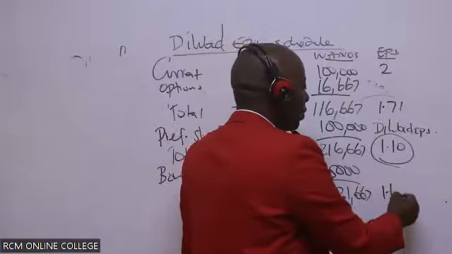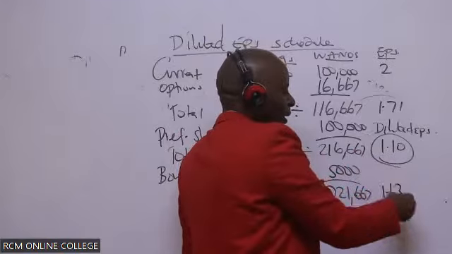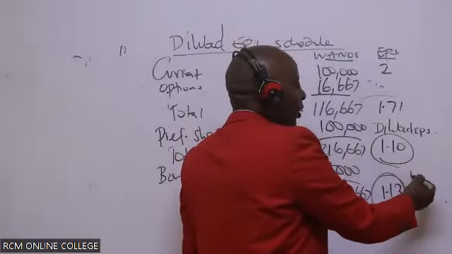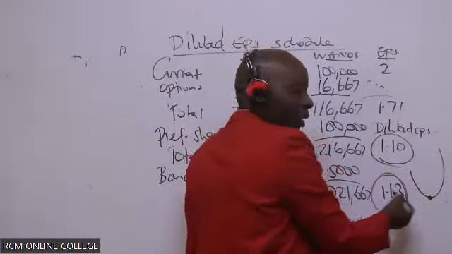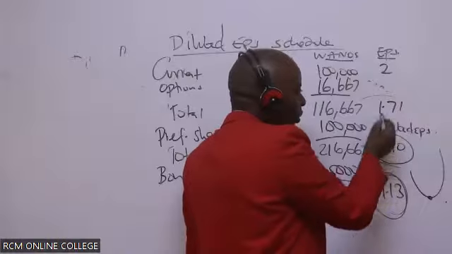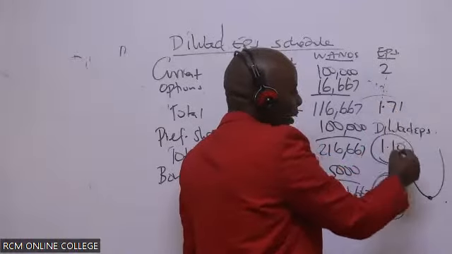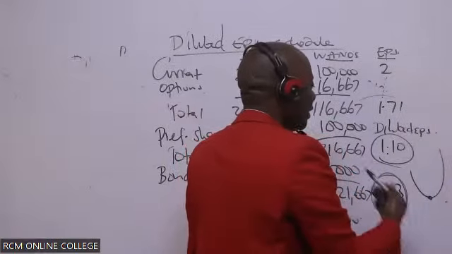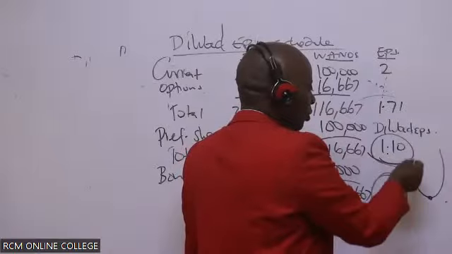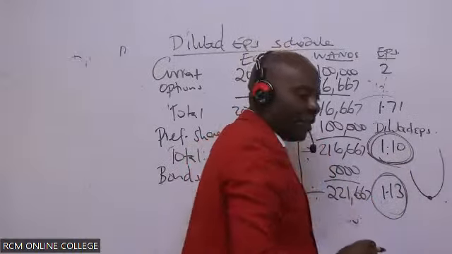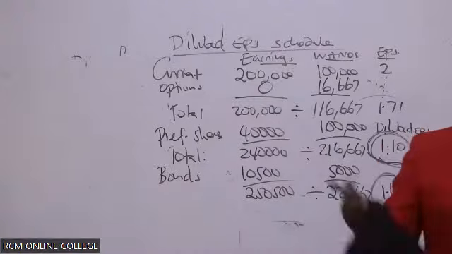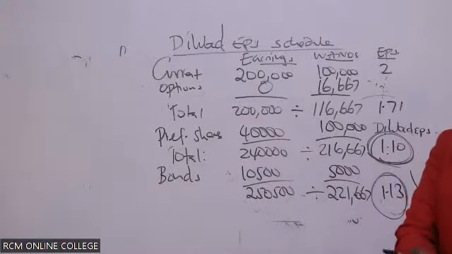So you can see this is already now going up. So basically, it's called a turning point. The turning point is normally the lowermost, which is this. We're starting from 1.7 going down, and then we start going up because this is anti-dilutive. So this is very good for me. So this is the diluted EPS.